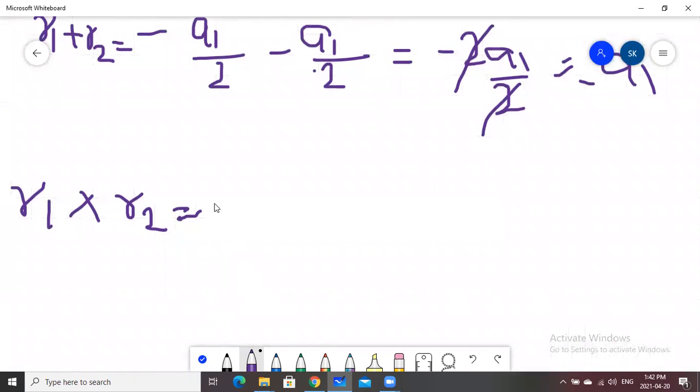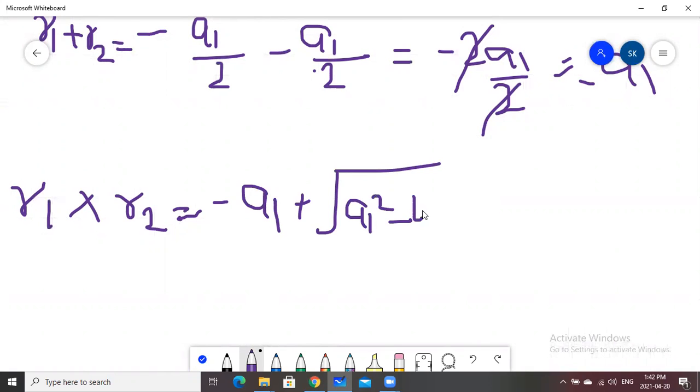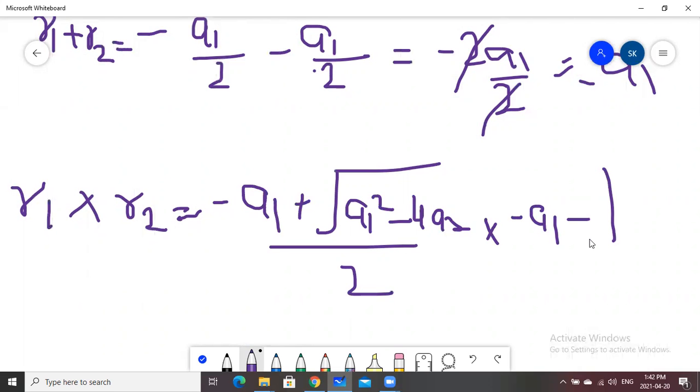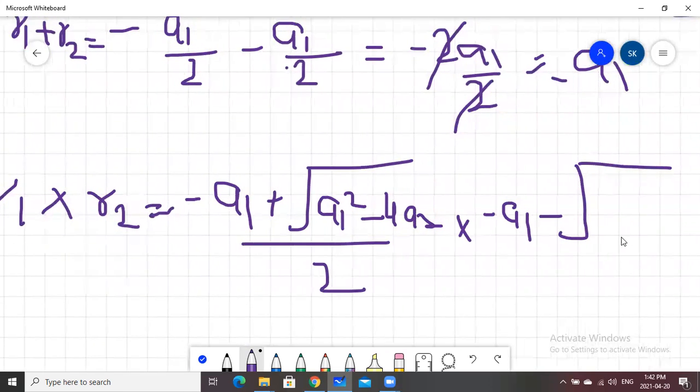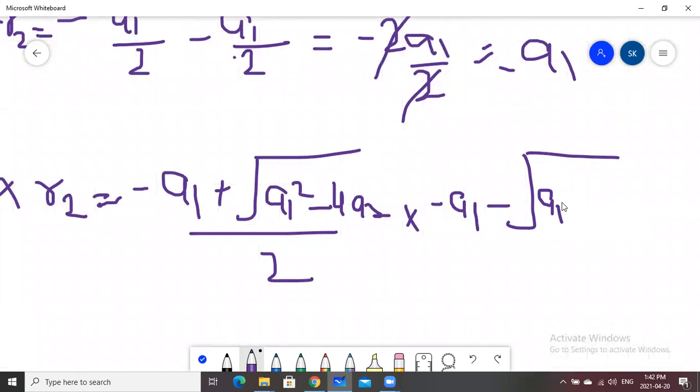That is, what we will get over here is minus a1 plus square root of a1 square minus 4a2, divided by 2, multiplied by minus a1 minus square root of a1 square minus 4a2, divided by 2.